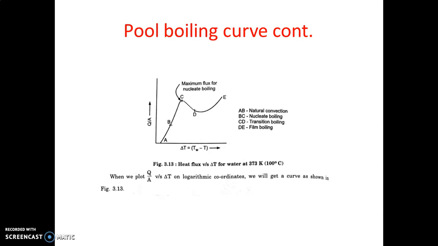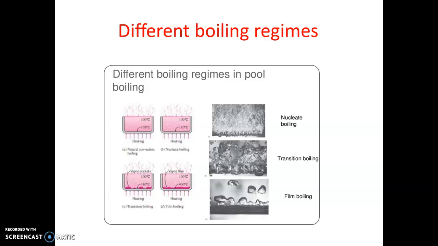I will now show what is happening in the actual process. The first part is known as natural convection boiling, where the rate of production of bubbles is very low compared to the other parts. Then if we increase delta T, nucleate boiling takes place.